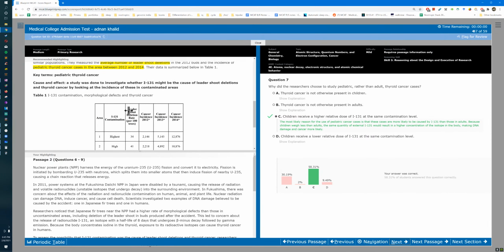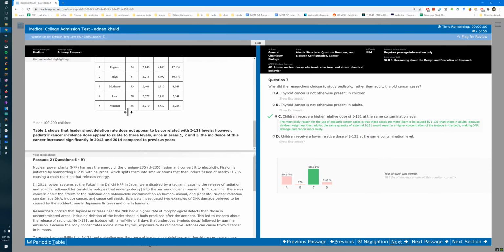And it's just that children, if they get the same dose of I-131, it's just higher compared to an adult, because basically children weigh less.